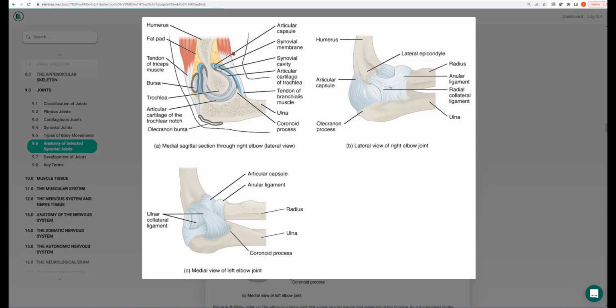The biceps brachii would also come down here. On the posterior side of this, we see the triceps coming down. So the triceps comes down and actually attaches to the olecranon process. You can see some bursa in here, again, helping to protect the joint from the tendons and allowing things to slide and move easily.